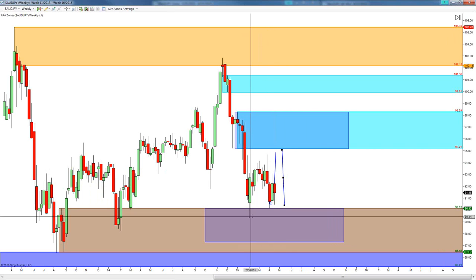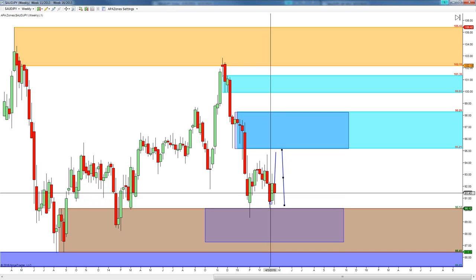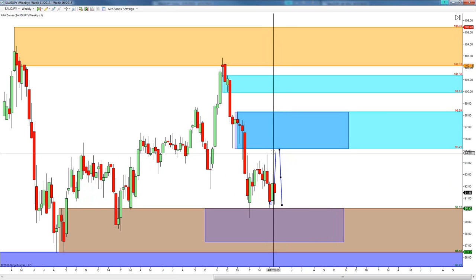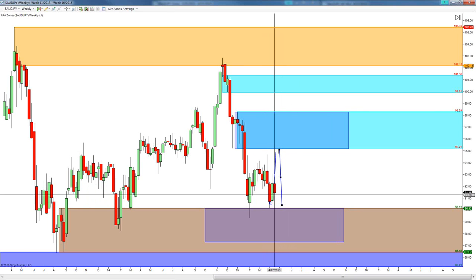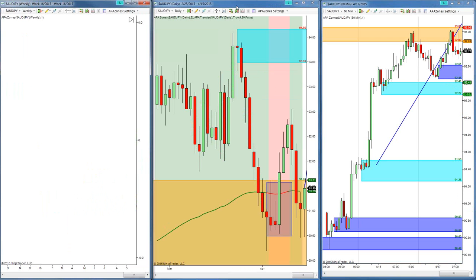Price has rebounded off of it and is giving us another retest here. So it looks like what we were projecting is for price to come back up here before it comes back down. So we're looking for this bounce to hold and to give us a retest to the upside.